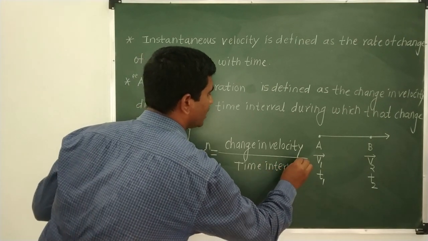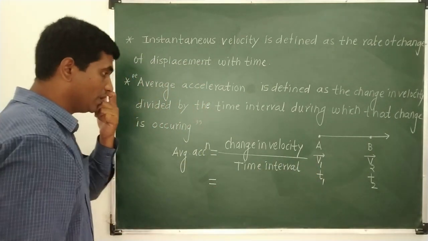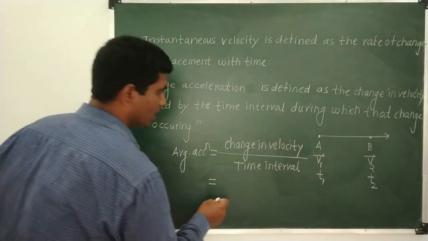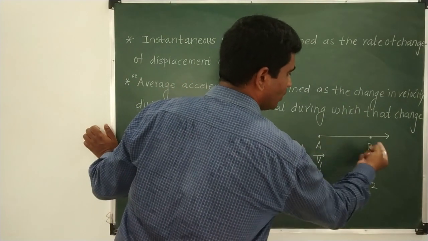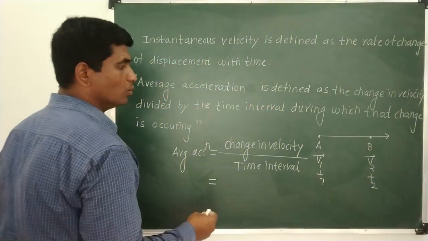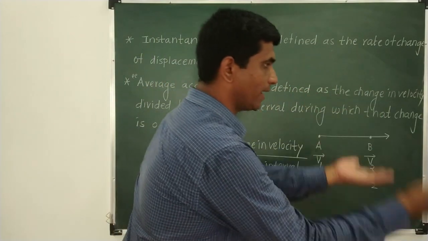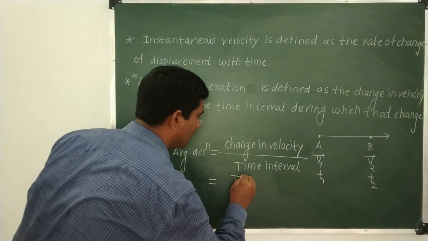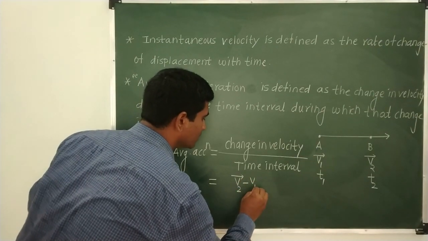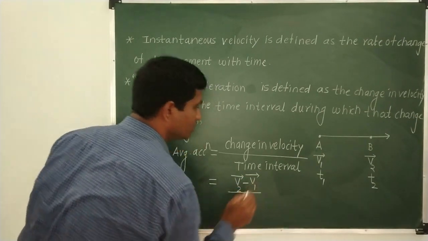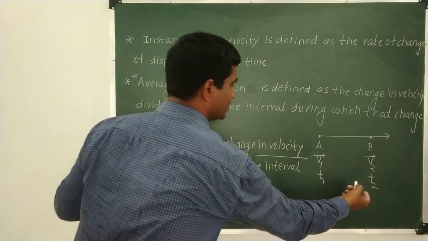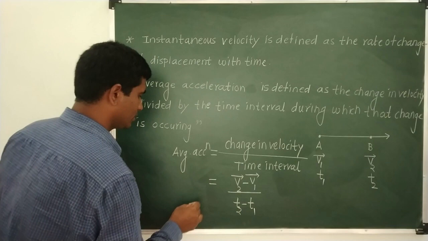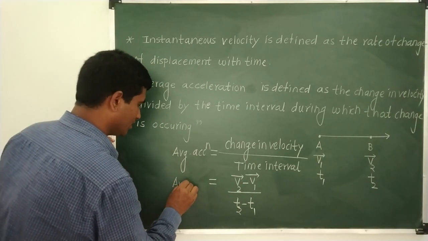So here in this case, when the object was at position A, its velocity was v1, and when it is moving from point A to point B, its velocity is v2. So how will you find the change? It is final velocity minus initial velocity, so let us call it v2 bar minus v1 bar, divided by the time interval, that is t2 minus t1. So this is your average acceleration.